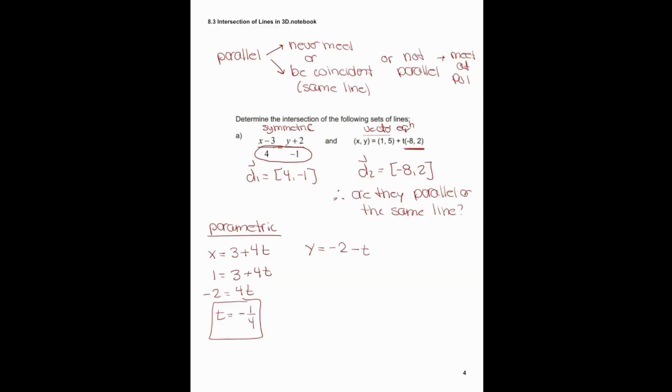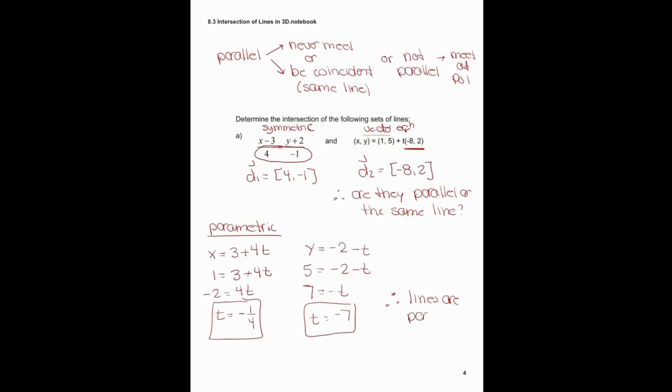So let's finish this one out. If y = 5, then 5 = -2 - t. This becomes 7 = -t, so this t value is -7. The t values are different. Therefore, (1, 5) does not lie on line 1, so we can say the lines are parallel and distinct.